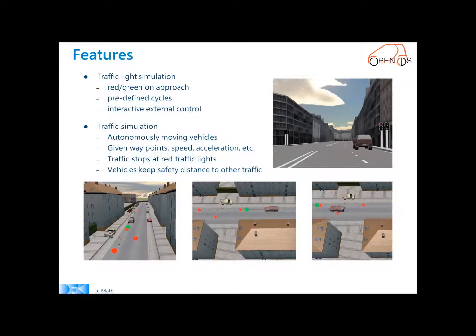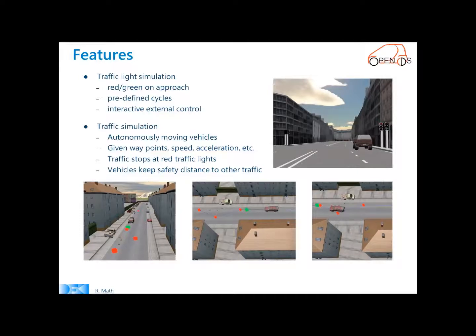So if you see your participant driving, you can trigger a red light per button, if you like. We have predefined cycles. This is, I would say, the usual case. And we have red light or green light on approach in order to trigger scenarios where the driver will have to decide, will I stop before the traffic light or will I make it?